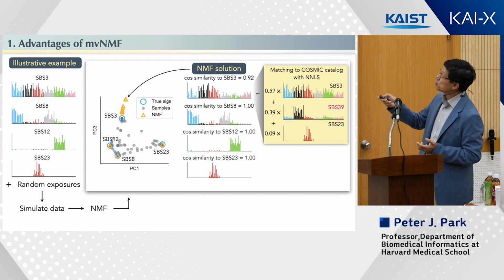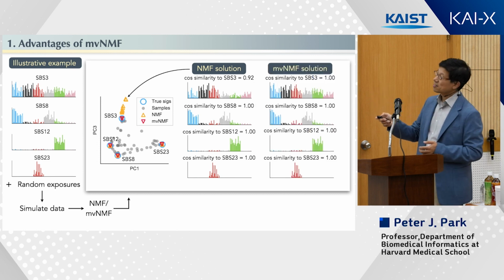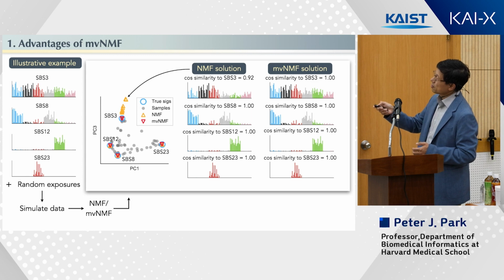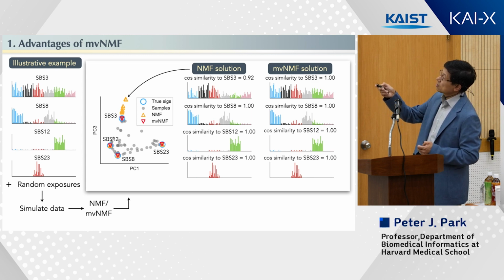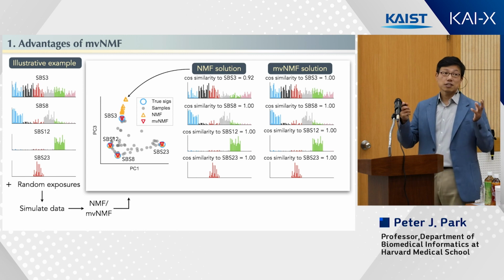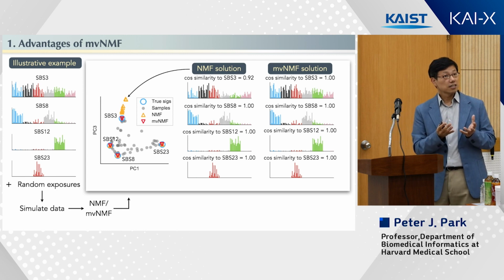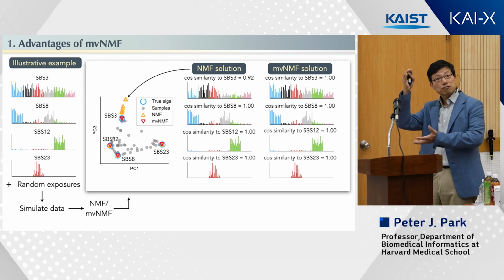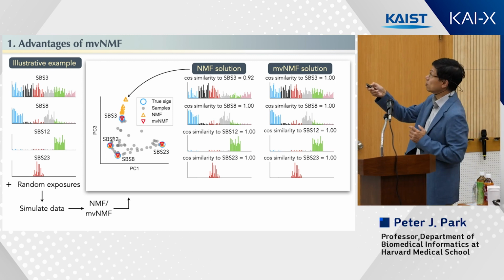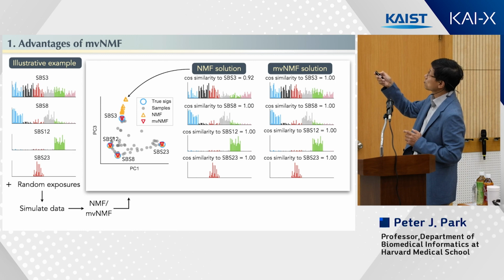And so cosine similarity, you might remember from your linear algebra class. If the algorithm gives you these 4 things, I can say, well, actually this one matches 23. Okay, so I found that one. This one matches 12. But this one doesn't quite match SBS3. In fact, if I try to force it, if I look at the catalog and try to find some combinations that matches what the algorithm gives me, it gives me signature 3, 23, and something else.